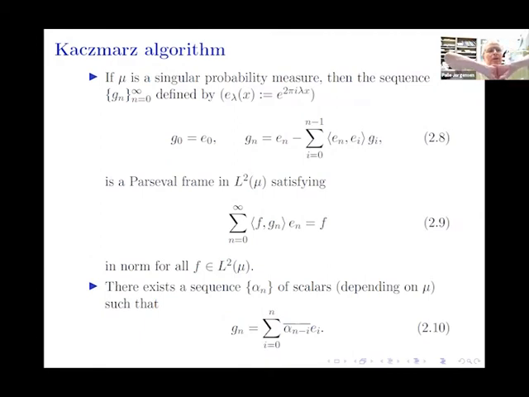And I want to now introduce a new workhorse in the analysis of my work with Wijnbaan here. That's what we call a Kaczmarz algorithm. I'd say that it's motivated by one of the early versions named after Kaczmarz, which is the one in linear algebra, but we want to do it in an adapted setting that fits what we're doing here. And obviously what we're aiming for is a Fourier expansion.